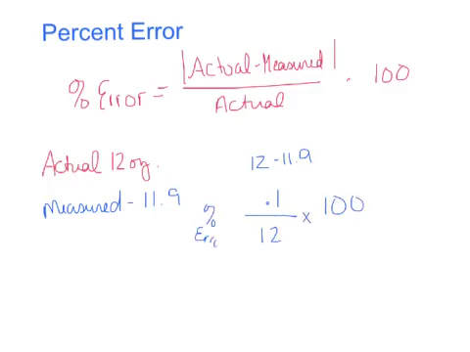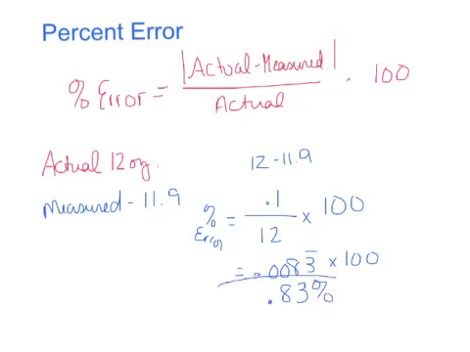So the percent error, if I was to do this, 0.1 divided by 12 gives me 0.0083 repeating. I then multiply by 100. So this means I have a percent error of 0.83 percent.